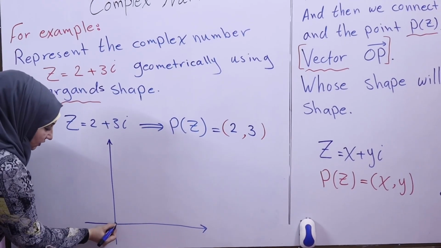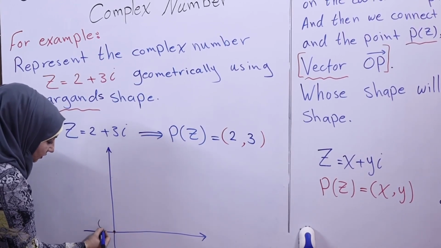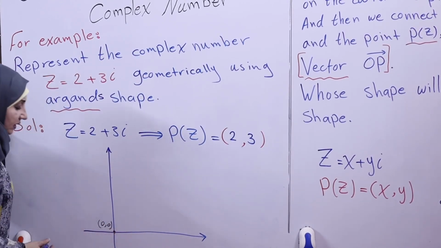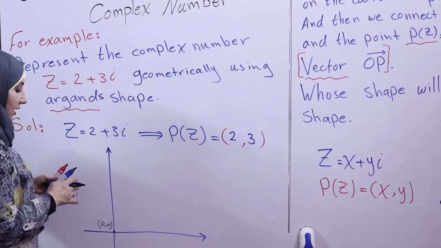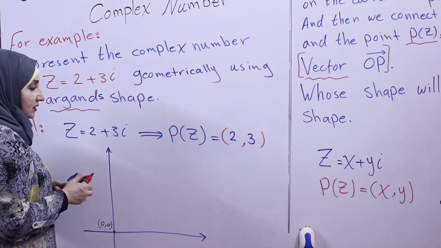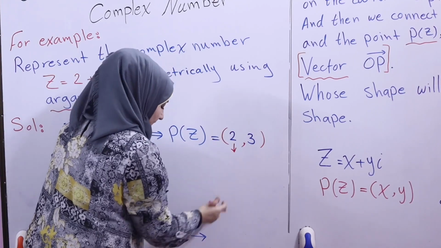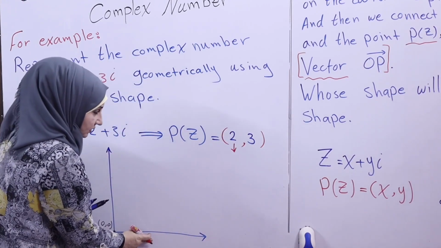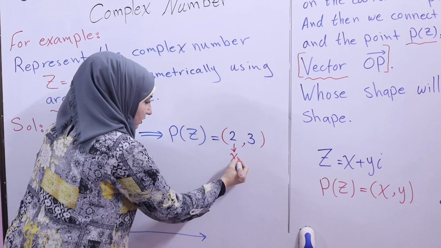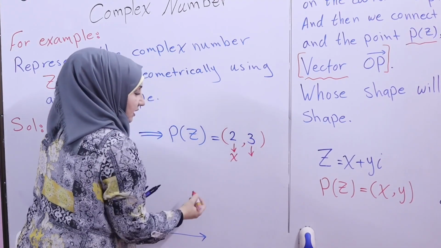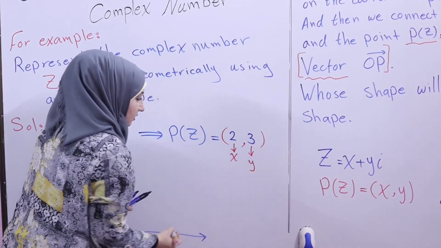Let's represent the origin, whose coordinates are 0, 0. The first coordinate represents the x coordinate, and the second coordinate represents the y coordinate.